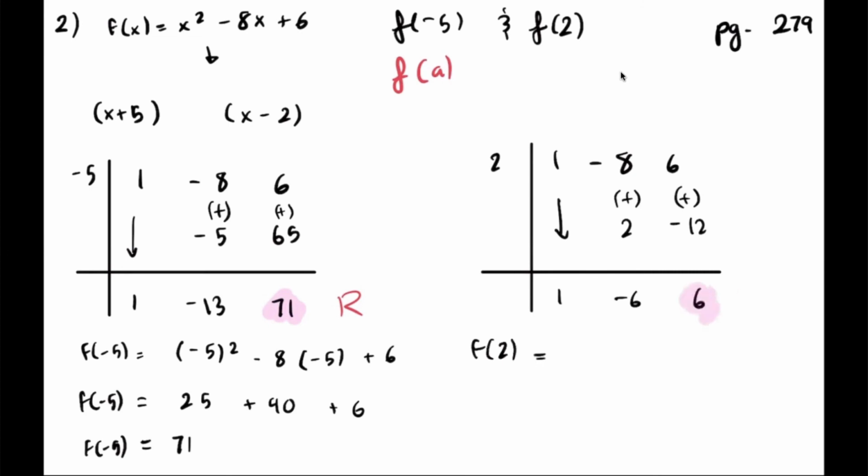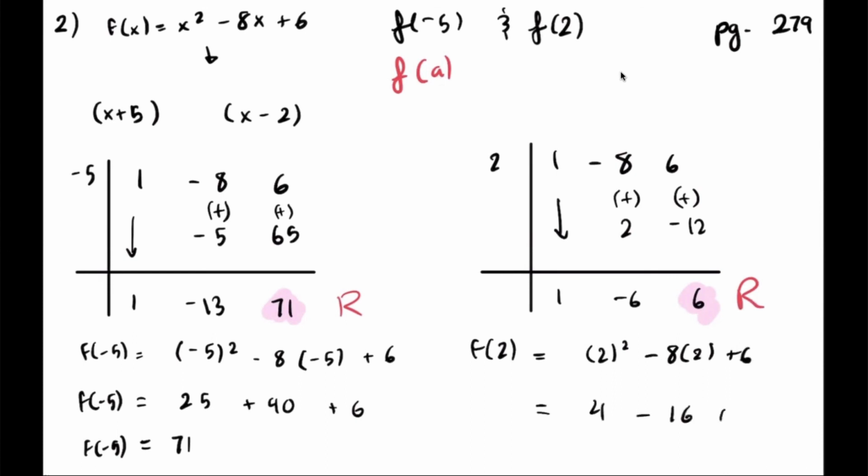So let us substitute 2 into function f of x to see if the remainder is correct. So 2 squared minus 8 times 2 plus 6, which is 4 minus 16 plus 6. 4 plus 6 is 10, and 10 minus 16 is in fact negative 6. So here I forgot to put the negative. So this will be our answer.